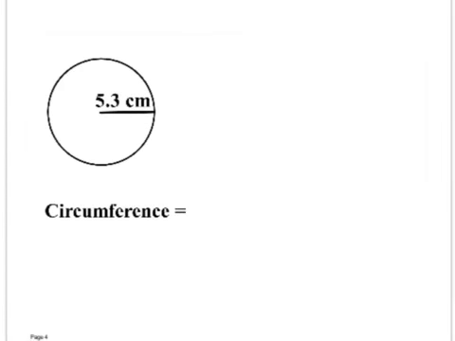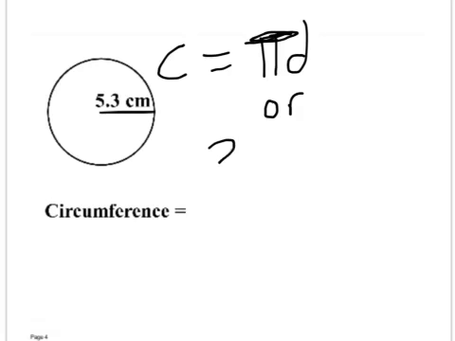All right, I need to know the circumference of this. So draw the circle. Circumference equals pi d. However, does this give me diameter? Is 5.3 diameter or is that a radius? It's radius. So I need to use 2r pi, right?